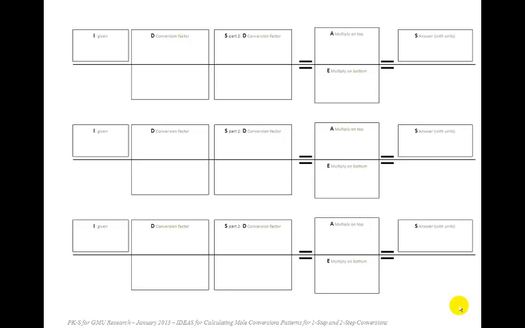Then you've got the E at the bottom, A at the top, and S with answer with units. S is actually going to stand for solve. So you can see here you've got 3 opportunities to write the conversions on this sheet.